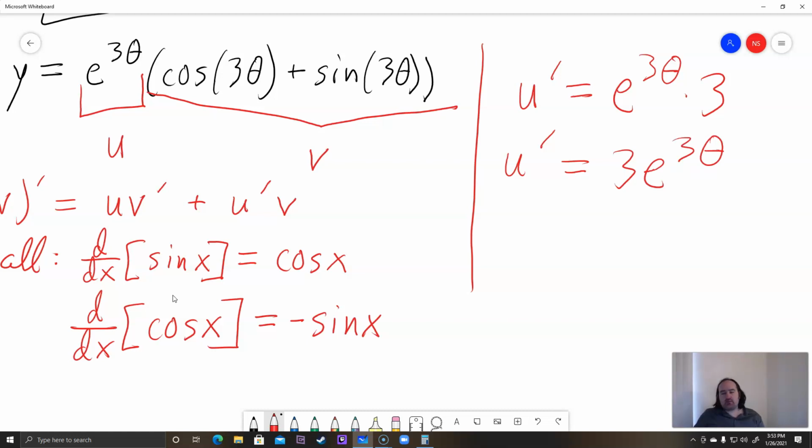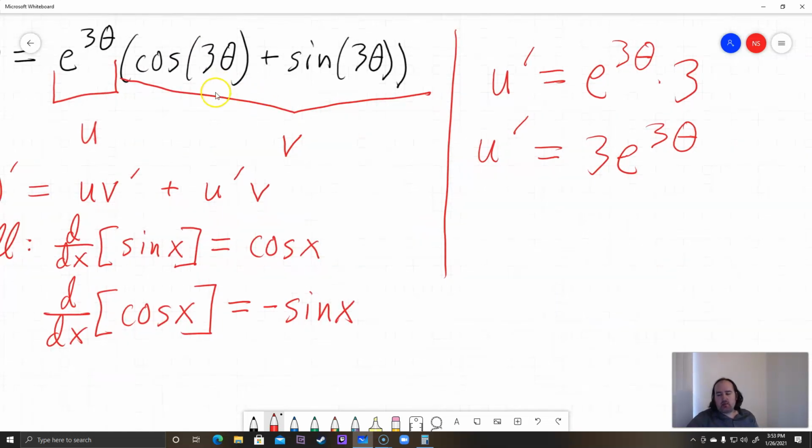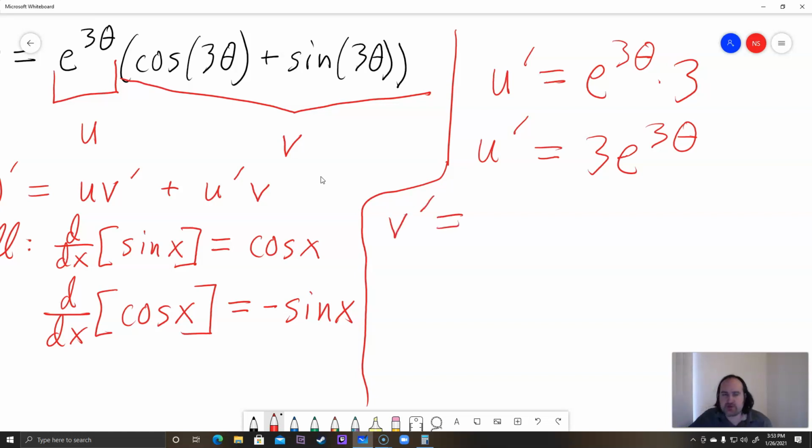Okay, and then for v prime, we actually have to take the derivative of 2 functions added together. But remember, if you have 2 or more terms, you just take the derivative of each individual term. So here to do v prime, let's start with the derivative of cosine of 3 theta.